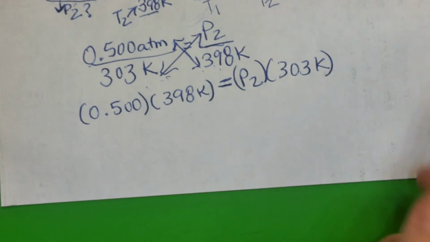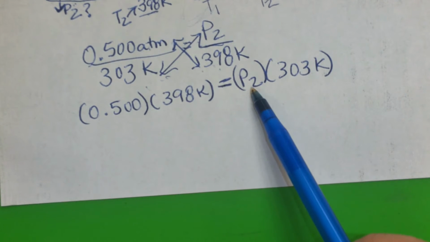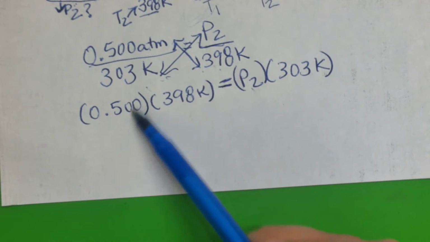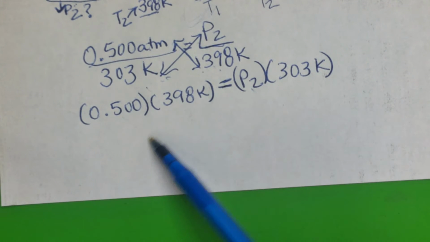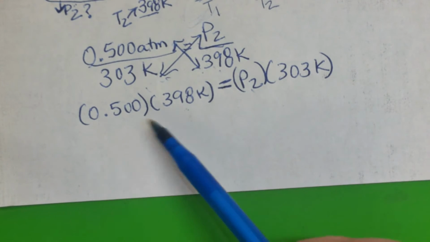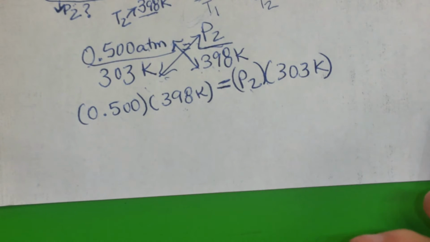Once you do that, remember you want to isolate. Even if you were solving for P1, you would move the 398, and if it was T1, you would move the 0.500. As long as you're moving the number to the other side, it's the same steps.